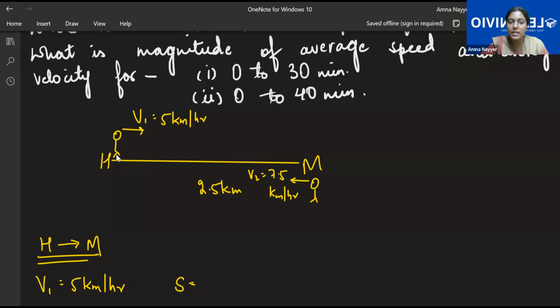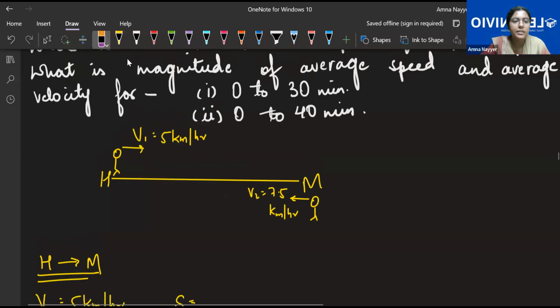Can anyone tell me what's the distance that he needs to cover to reach the market? Look, it's written. 2.5 kilometer. 5 is the speed. 2.5 kilometer is this distance. I'll rewrite it. This separation is 2.5 kilometer.